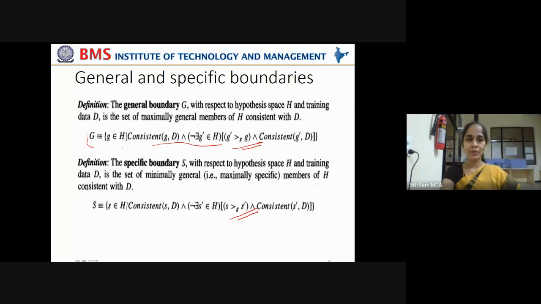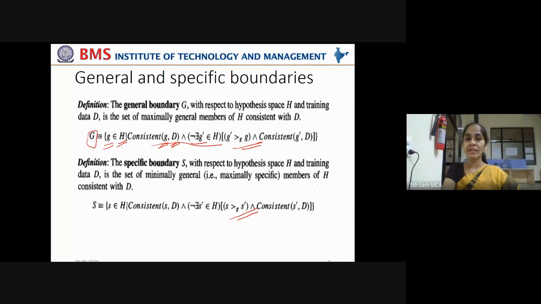The general boundary G is represented as every hypothesis that is general, that belongs to the hypothesis space H, such that all these general hypotheses should be consistent with the training examples D. And how should the hypotheses in this G be?